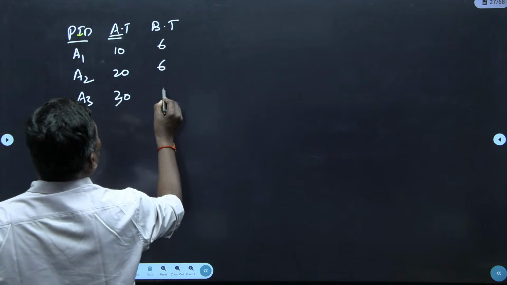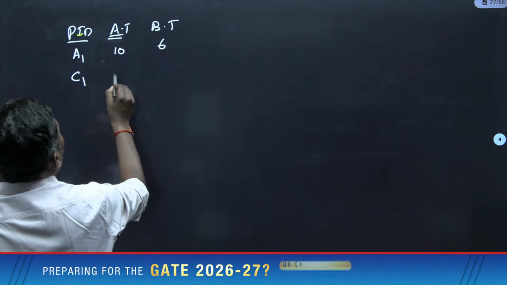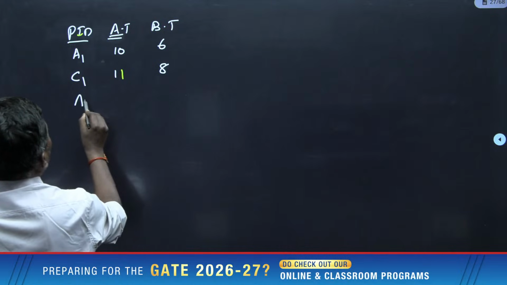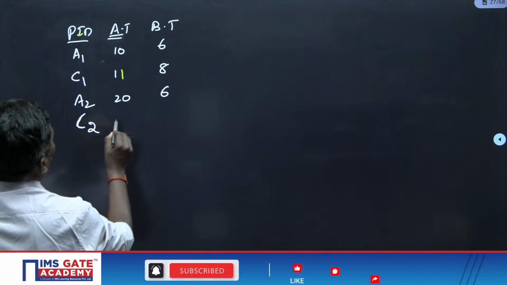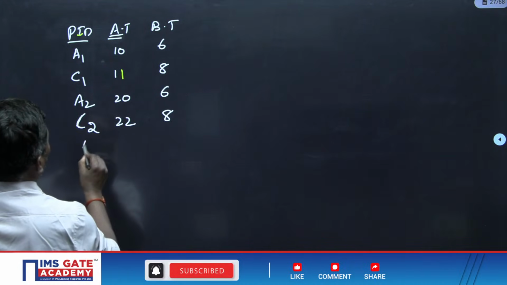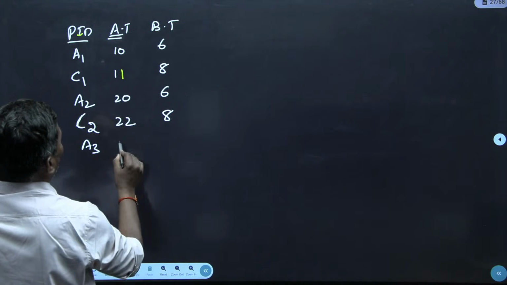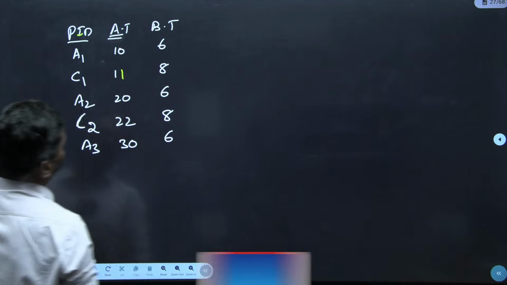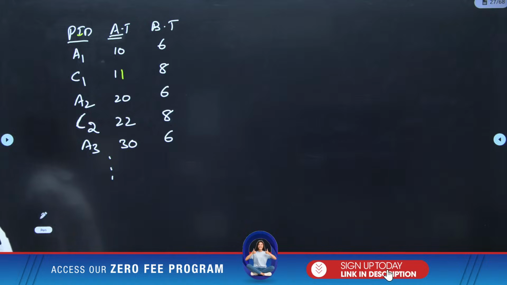Better I'll write like this: A1, C1 will come at 11, 8. A2 comes at 20, 6. C2 comes at 22, it takes 8 units of time. A3 comes at 30, it takes 6 units of time. Correct. So like this, all values are there now.